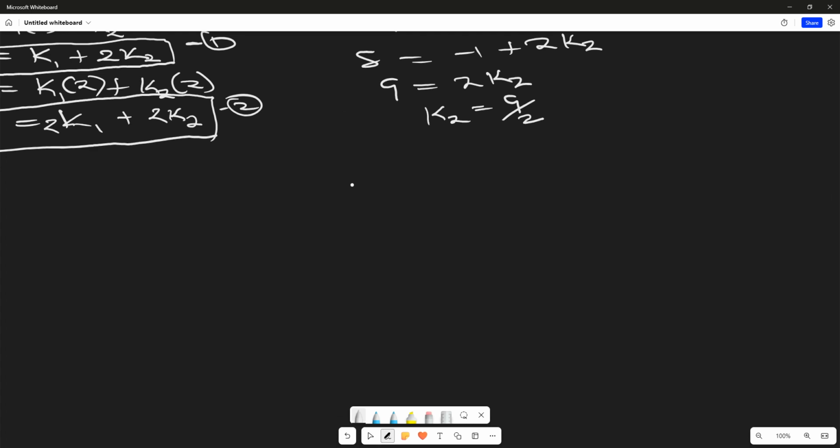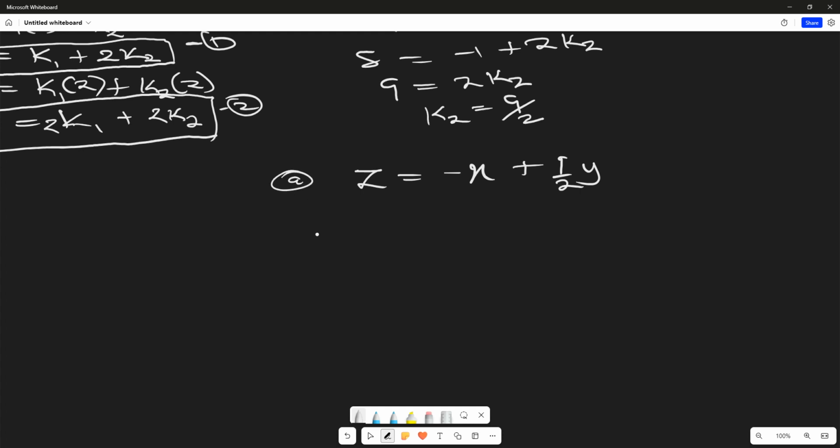So the first question said we should find the relation between the variables. z is equal to k1 x, sorry, the k1 is negative 1, so minus x plus 9 over 2 y.